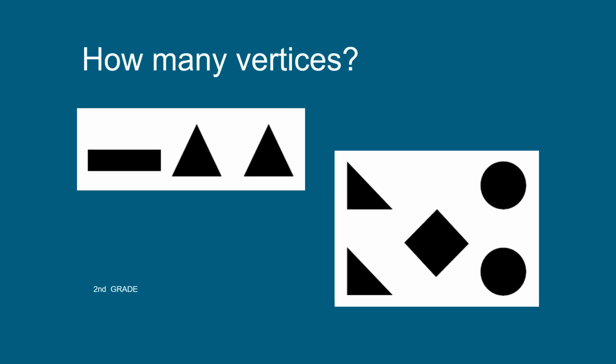There are 10 vertices again. There are 2 triangles and a square. Circles have 0 vertices, so there are more shapes, but the same number of vertices as the last one.